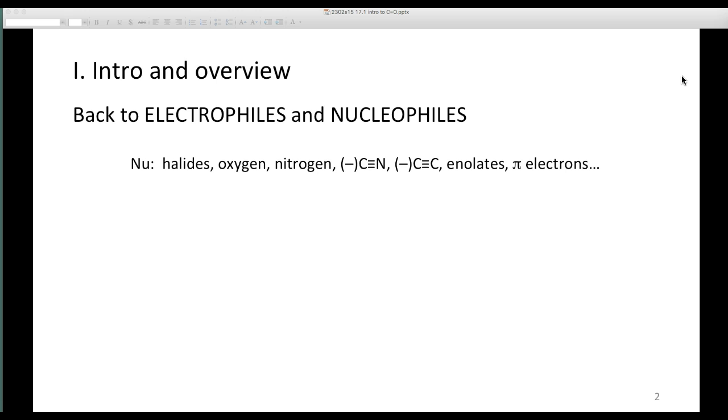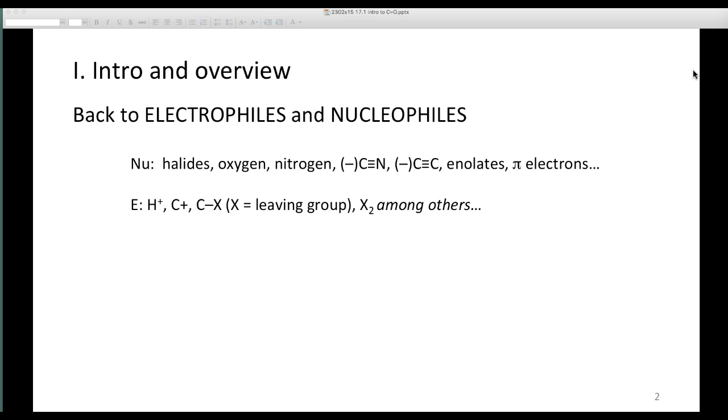Sodium chloride, maybe potassium hydroxide, methanol, ethanol, amines, nitrile, cyanide, acetylide. You can deprotonate an alkyne and make a great carbon nucleophile. Another great carbon nucleophile is an enolate. Alkenes as nucleophiles, alkynes as nucleophiles. Holy cow, you know a lot of nucleophiles.